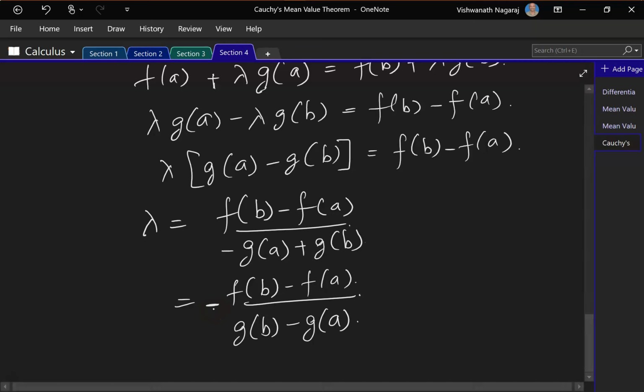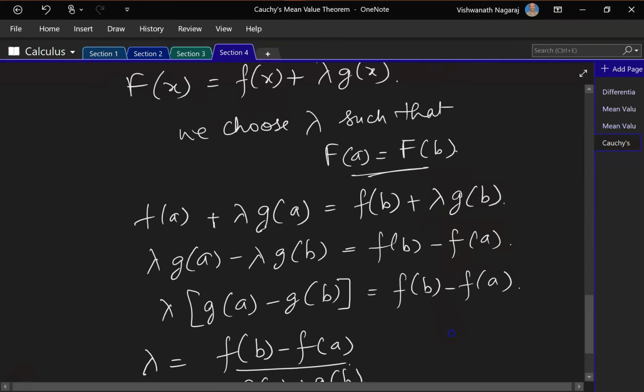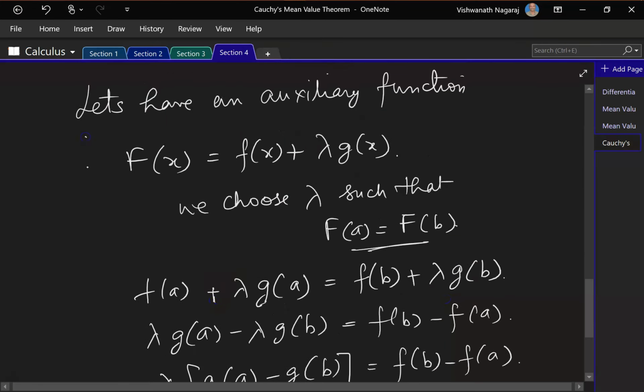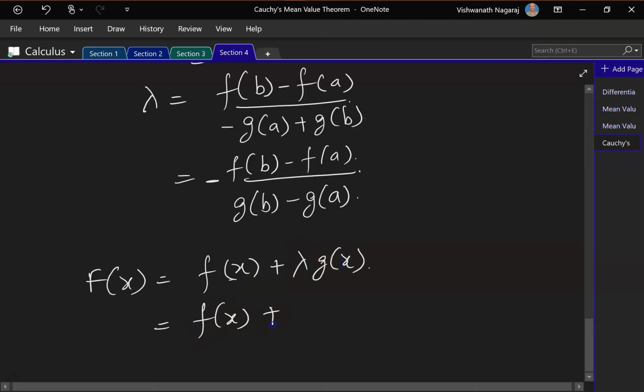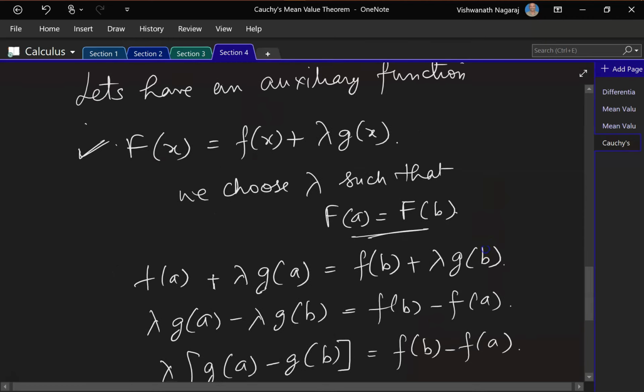So lambda is this. Now let's substitute it back into this auxiliary function. So capital F of x is equal to f of x plus lambda g of x, which is f of x minus f of b minus f of a divided by g of b minus g of a times g of x.